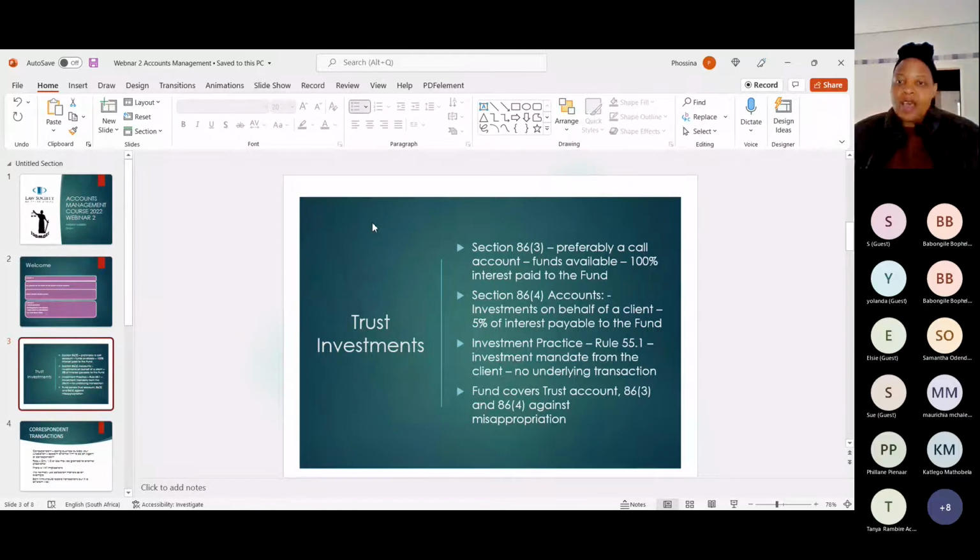And then from the trust account, we invest into the various two types of investment accounts that are available. So there's a section 86.3.